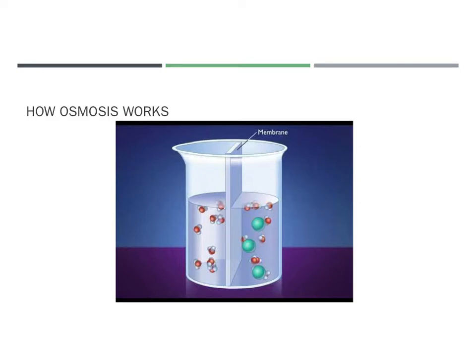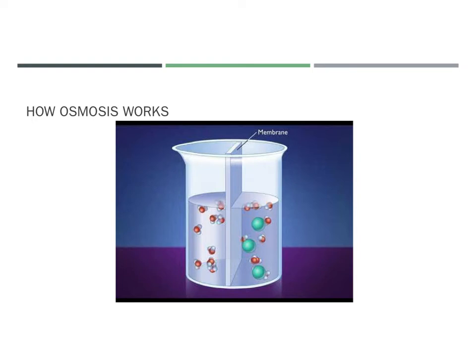All right, on this slide, I have a YouTube video that shows you more how osmosis works. On this recording program, I can't play the YouTube video, so I will post the link on our website. Be sure to click the link. Again, it just shows you how osmosis works and how you know which direction the water is going to go.